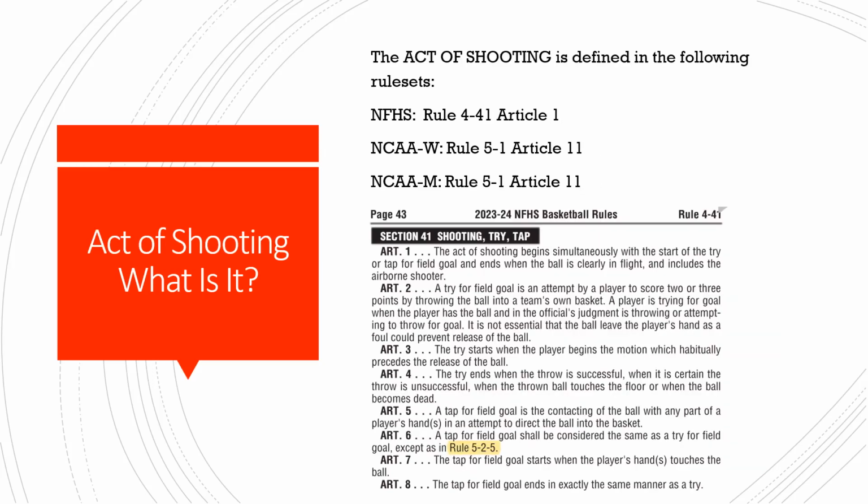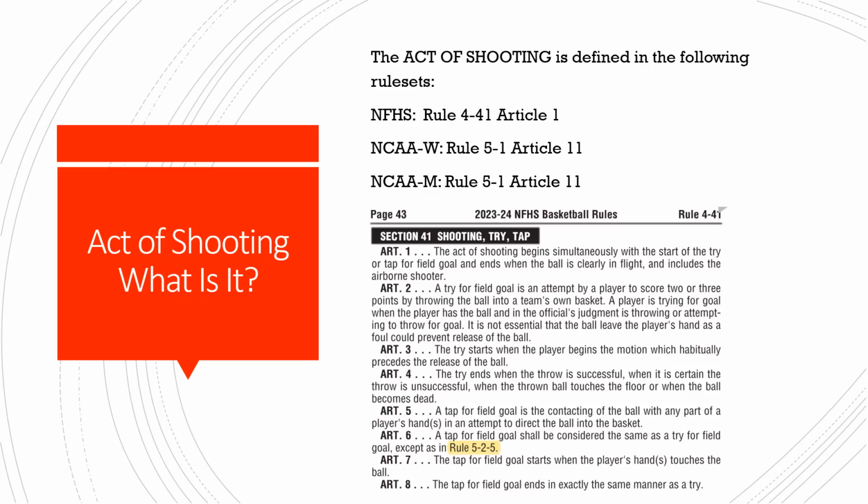This concept is something you hear on television and radio and audio broadcasts quite often. The act of shooting. What is it? The act of shooting is defined in the following rule sets. For National Federation High School, Rule 4-41, Article 1, and for both NCAA men and women, Rule 5-1, Article 11.